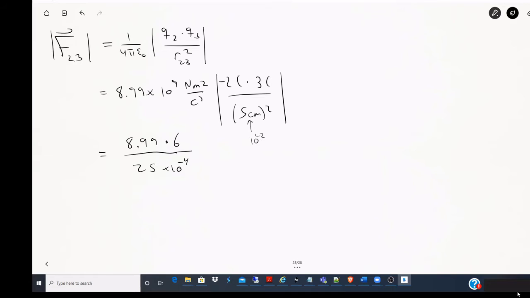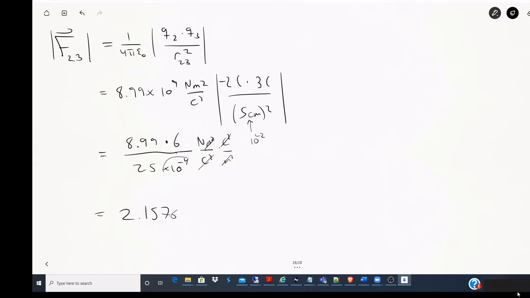The units are Newton meter squared per Coulomb squared from Coulomb's law. I get a Coulomb squared from the charges, and a meter squared from the R. Meter squares cancel, and the Coulomb squares cancel. So now I have 8.99 times 6 divided by 25. Go ahead and work that out, and I get 2.1576.